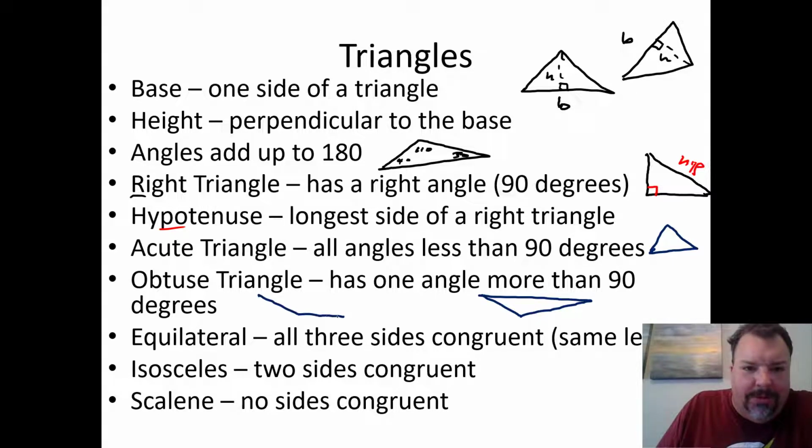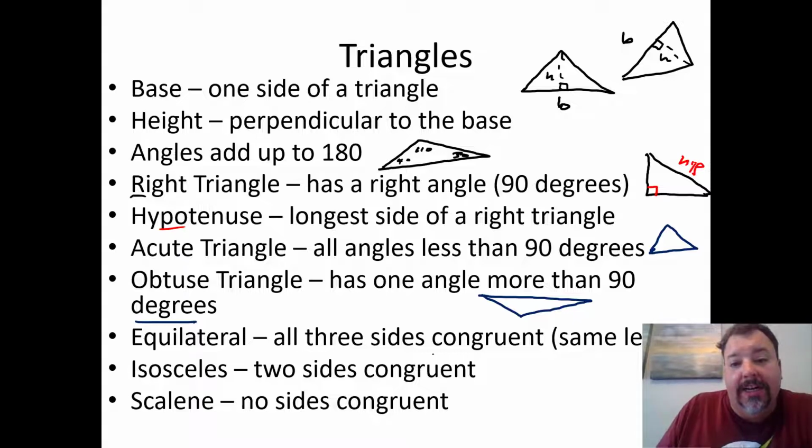So if this angle is more than 90 and we have another angle that's more than 90, then the triangle can't even close up. So that's not possible. It's not possible for a triangle to have more than one angle that's 90 degrees or more than one that is more than 90 degrees. So at most it's going to have one angle that's more than 90 degrees. So that's how we classify triangles based off the angles.